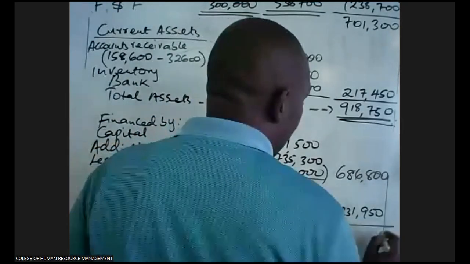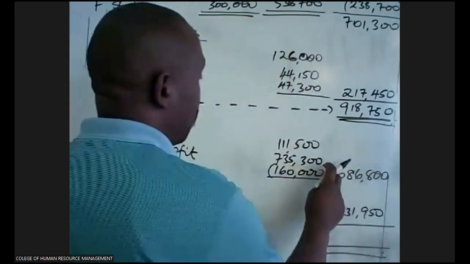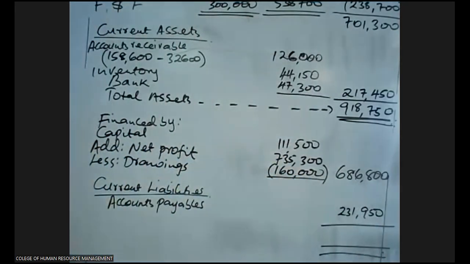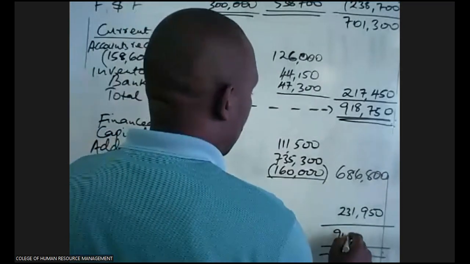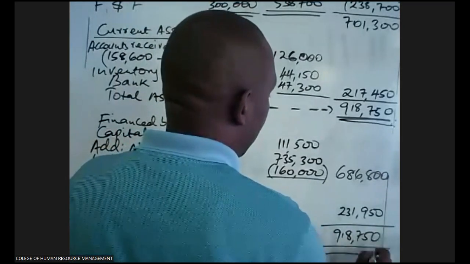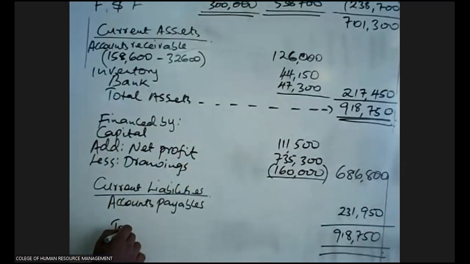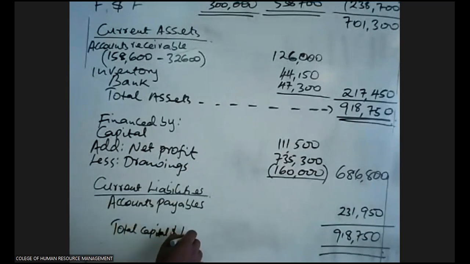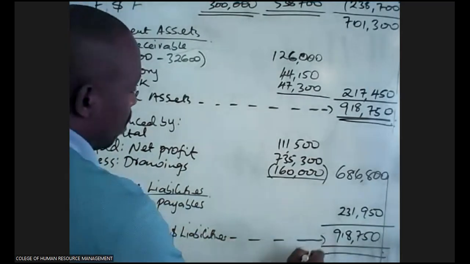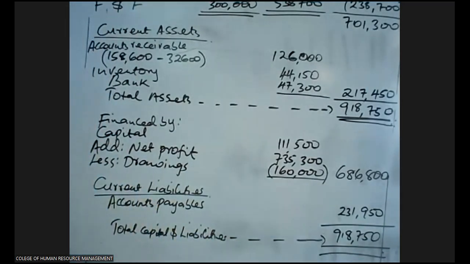So if you add the capital and liabilities, how much is that? We get 918. Total capital and liabilities. And actually it is true.